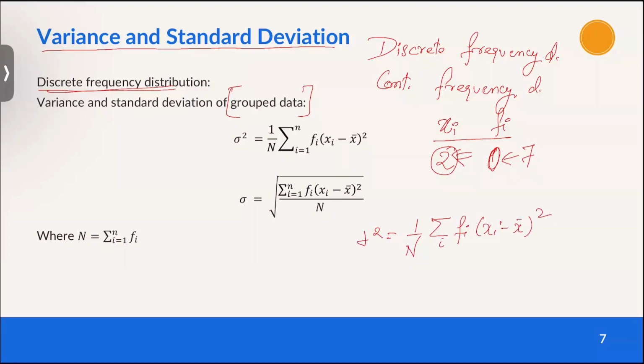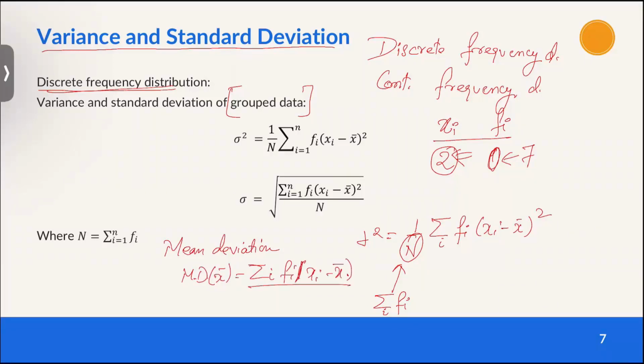So this sum is over i, where n is what? n is the summation of fi, summation over i of fi. So you see this is very similar to the mean deviation. When we were calculating mean deviation, MD, the formula over x bar was summation over i of fi times modulus of xi minus x bar, divided by summation of fi.